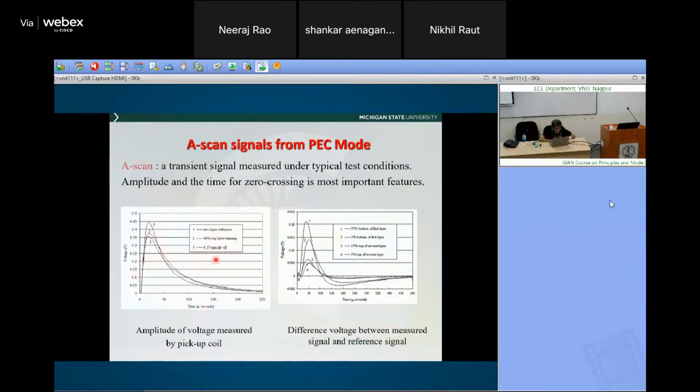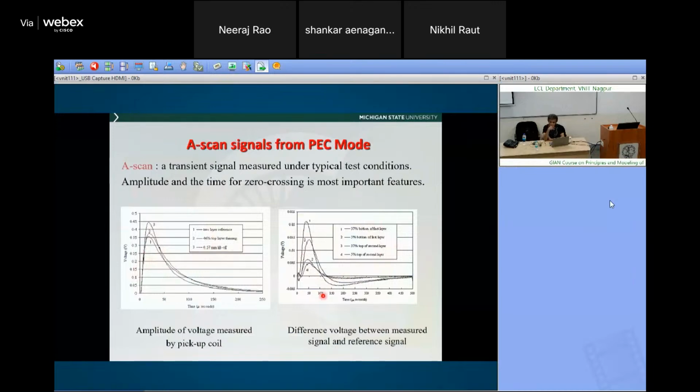It's not very systematic. These are for different cases, whether the defect is at the top of the second layer or the bottom of the first layer, and you get different signals. What people do, once you have the signal, is look at features like where the zero crossing of the signal occurs and what the peak value is. They look at different features and do the analysis of that.